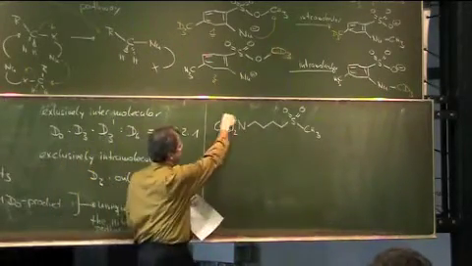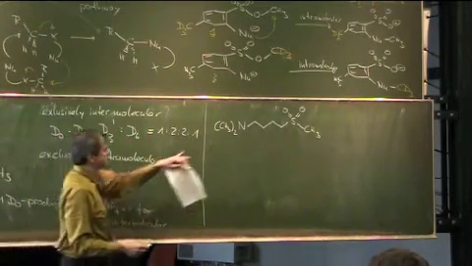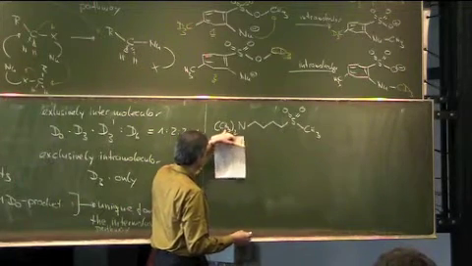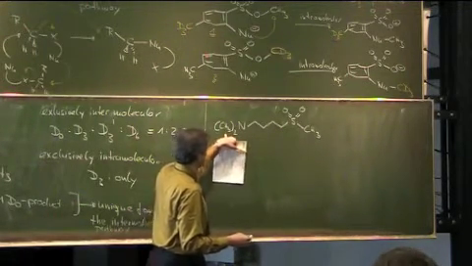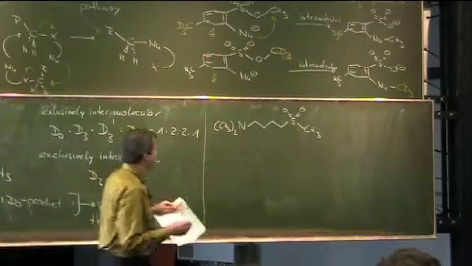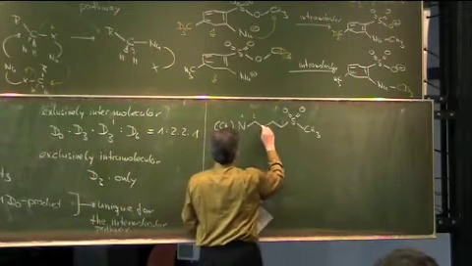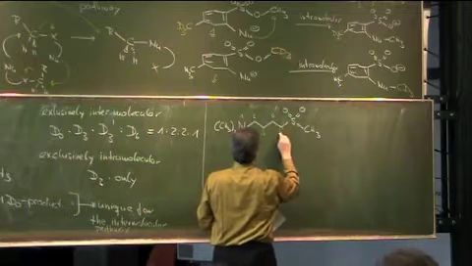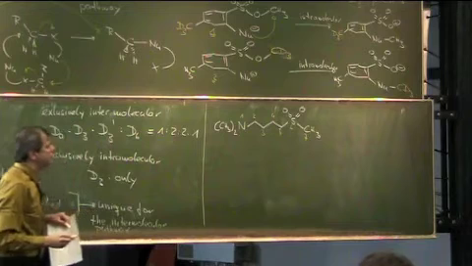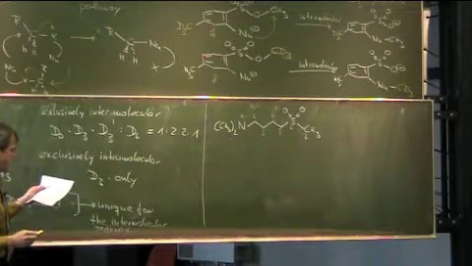This was tested for, and then again, I'm not writing now all the labeled combinations, but one CD3 group was introduced here, and then the corresponding CD3 substrate was synthesized. And so if you would look at this, this is 1, 2, 3, 4, 5, 6, 7. This would go through a 7-membered intramolecular transition state.